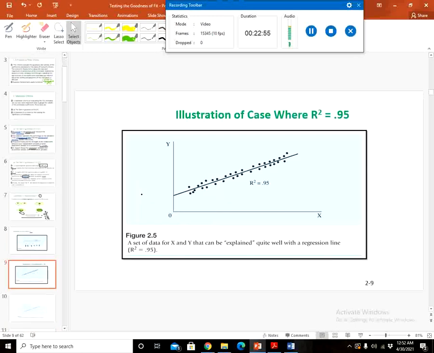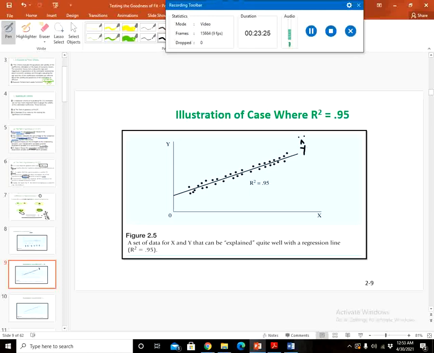Again we see here a positive relationship between x and y. This is the regression line which we have estimated, and it is a good fit model, more than a good fit model. All the pairs of x and y coincide with the regression line that we have estimated, that is y cap.